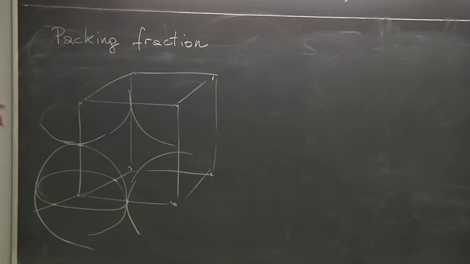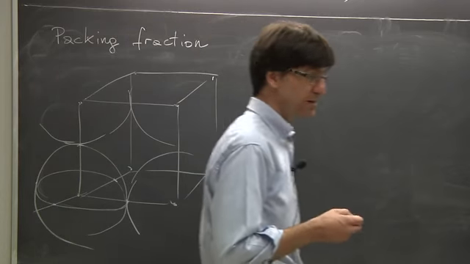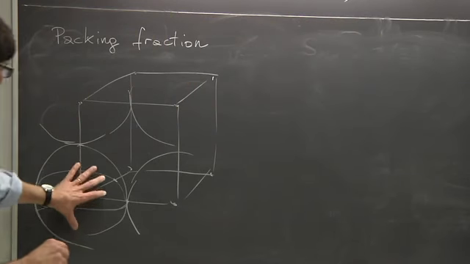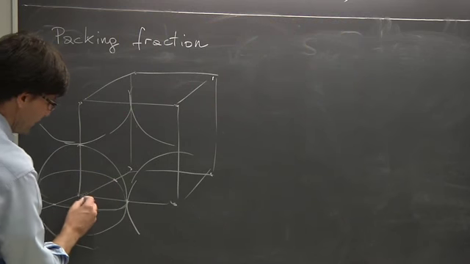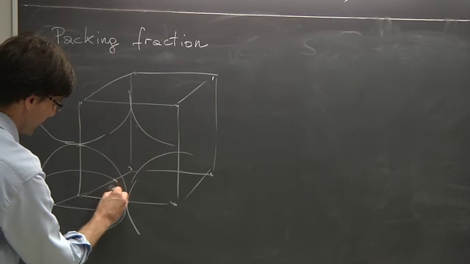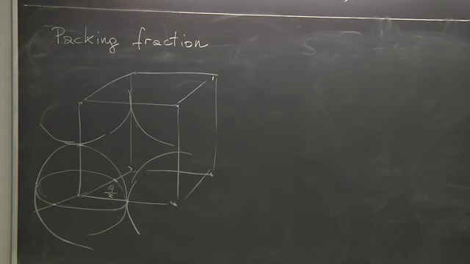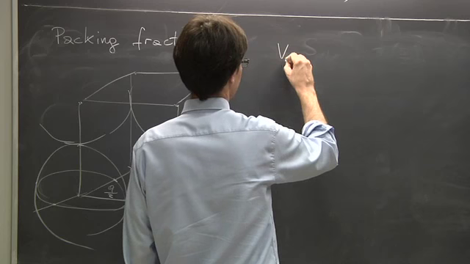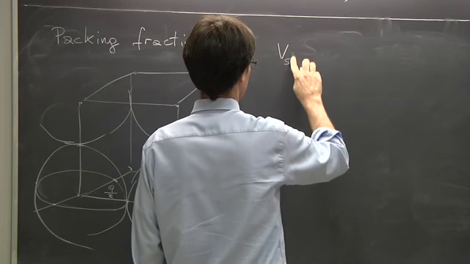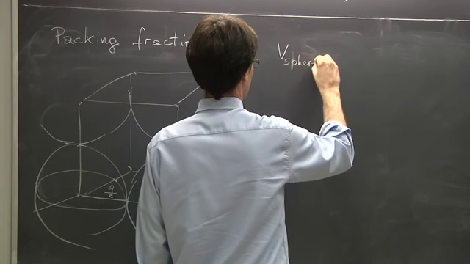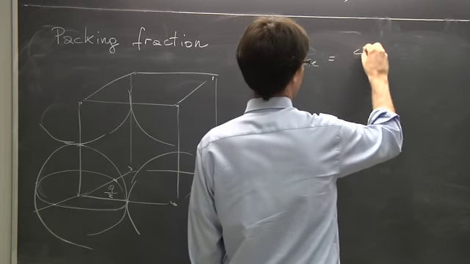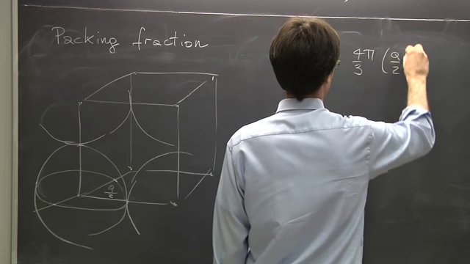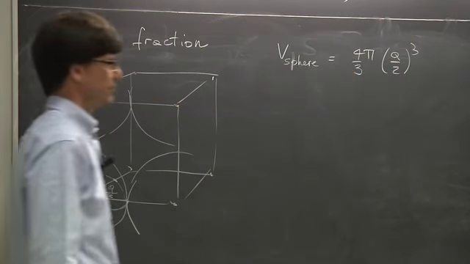Okay, so now it's no longer surfaces that we're talking about, but it's volumes. We're in 3 dimensions. So this is A, the distance is A, so this is A over 2. So now the volume of the sphere is (4/3) pi (A over 2) cubed, right?